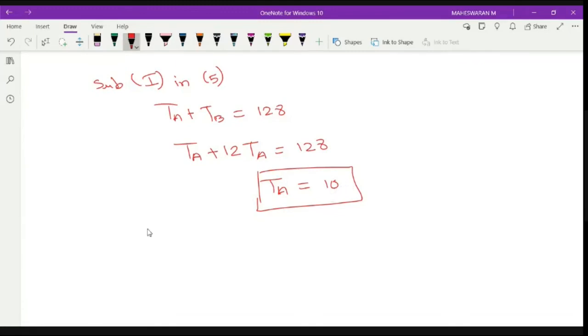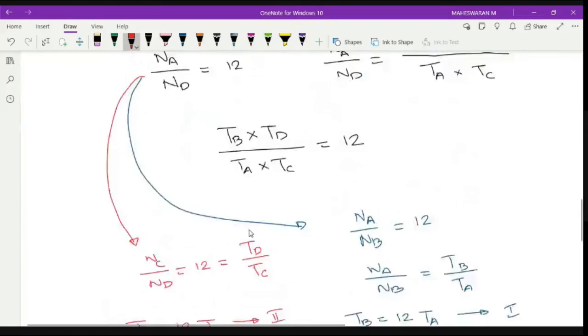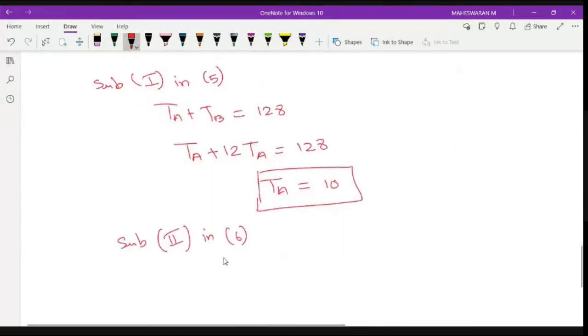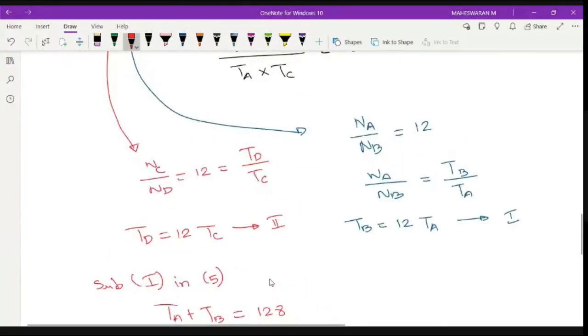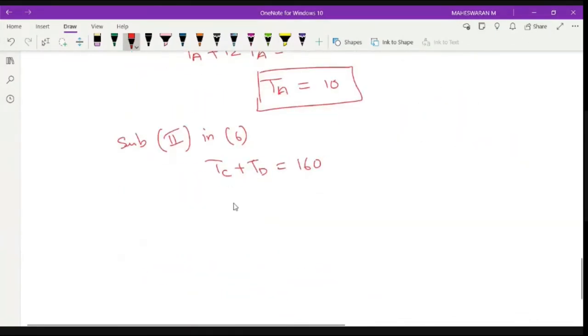Right? So, okay, can you substitute in 6? You know that TC by TD is 1 by 12, right? So what you are getting? TD is 12 TC.